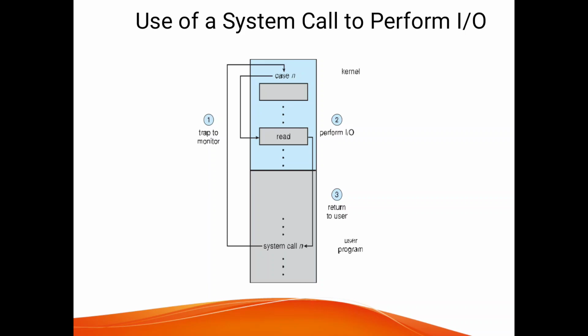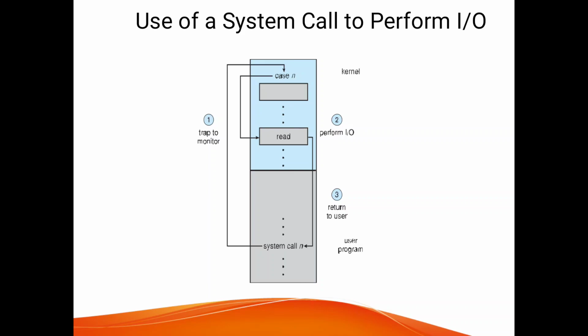So system calls are used to perform I/O requests. The call first traps to the monitor to perform the particular function. For example, in a read process, the monitor performs the read operation from the input device, then returns the output to the user by the return call. Afterwards the process continues.